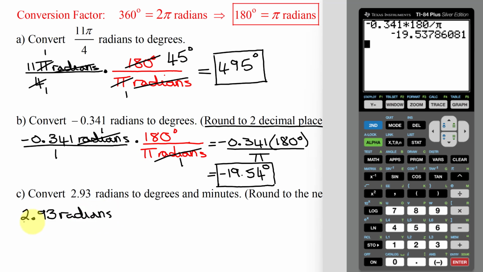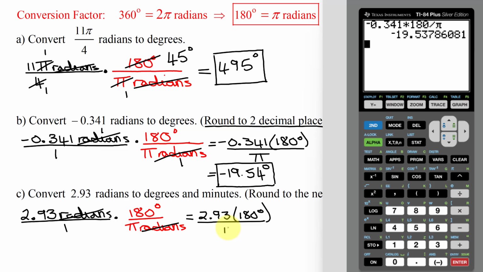Convert it into a fraction by dividing it by 1. Then we're going to multiply it by 180 degrees over pi radians. My radians reduce, and I'm going to get 2.93 times 180 divided by pi.